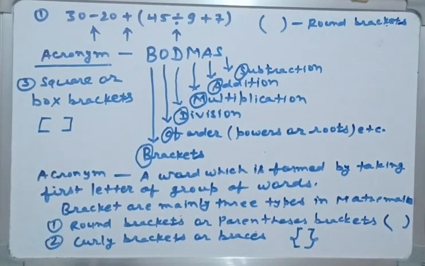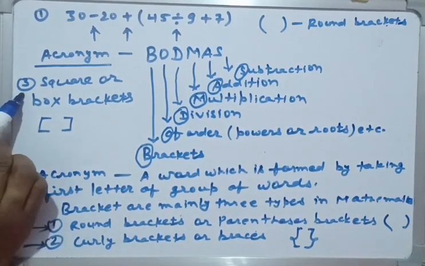Okay guys, what we conclude here about brackets is that when we see them in mathematical problems, we first solve the round bracket, then we solve the curly bracket, and then we solve the square bracket.